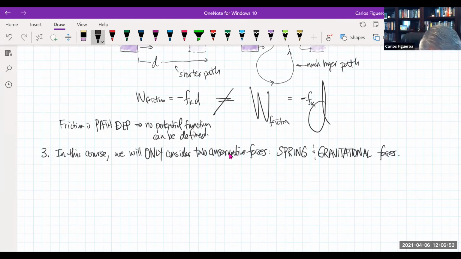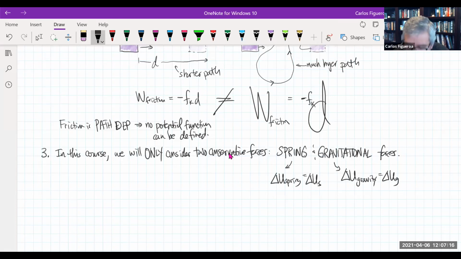So because of that, I can define a spring potential. Because of this, I can define a gravitational potential. And the way we typically write these is we write this with an S and we write this with the G.